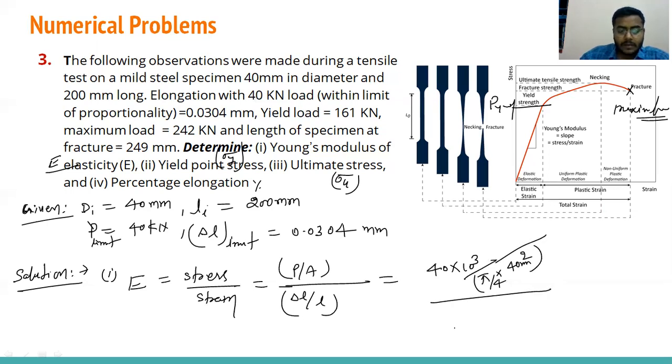Delta L is given at this point, 0.034 mm, divided by total length given 200 mm. This data is in mm. This will cancel out. This is in Newton and this is in mm, so the final result will come.